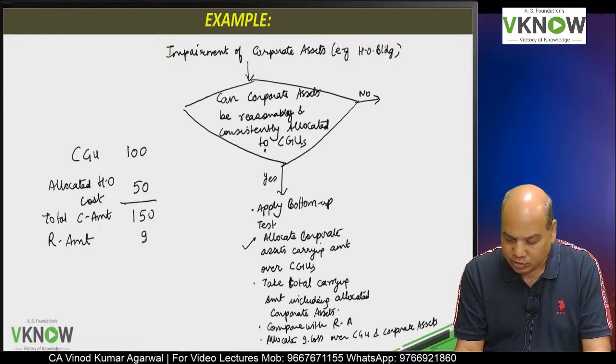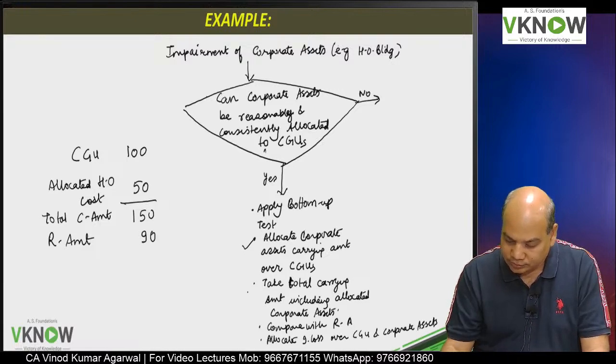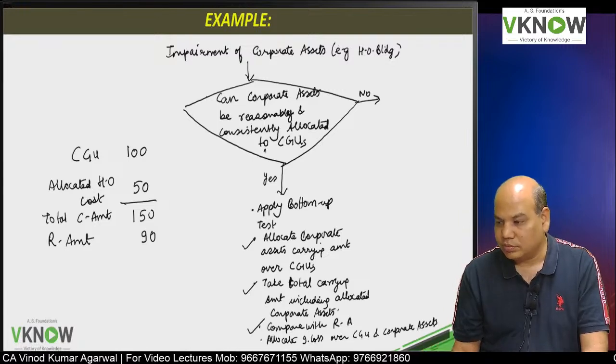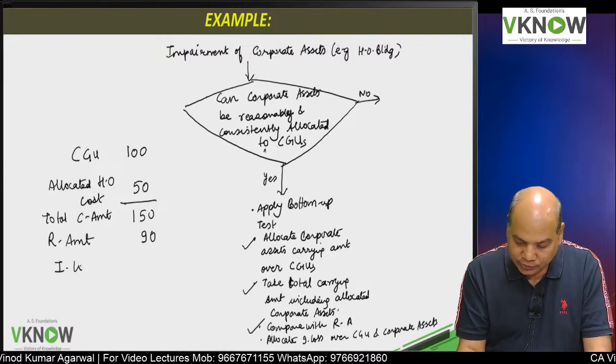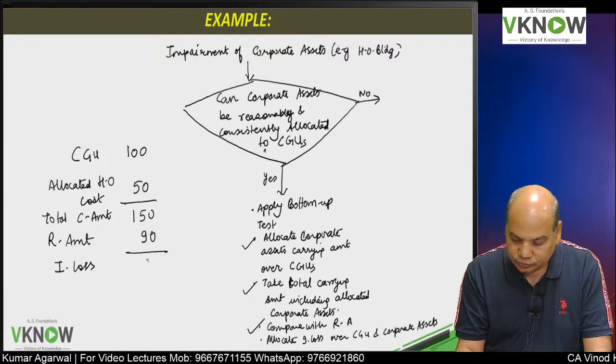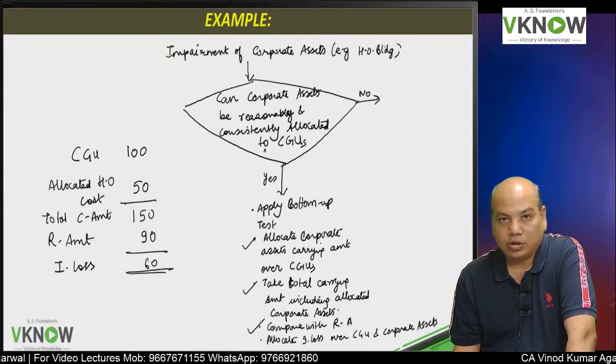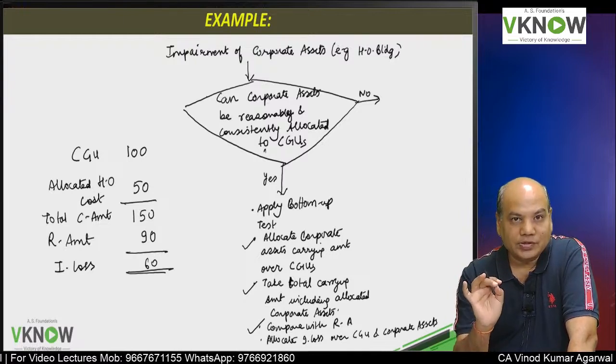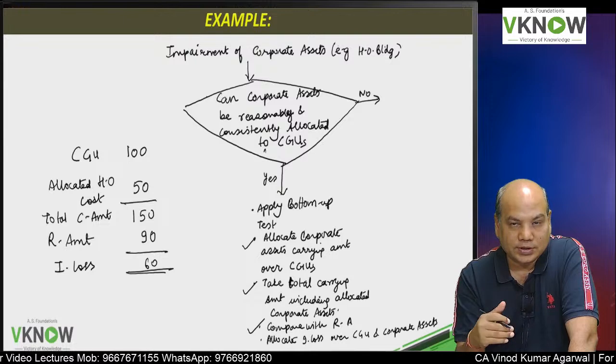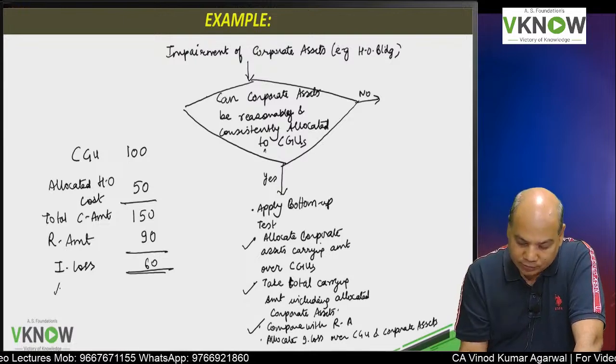Suppose the recoverable amount is 90. So there is an impairment loss of 60. Up to this it is similar to goodwill, but the allocation will be different.